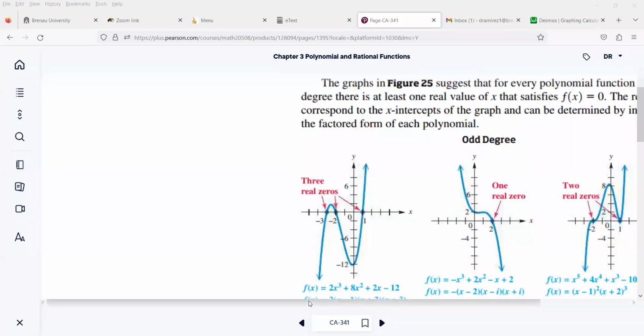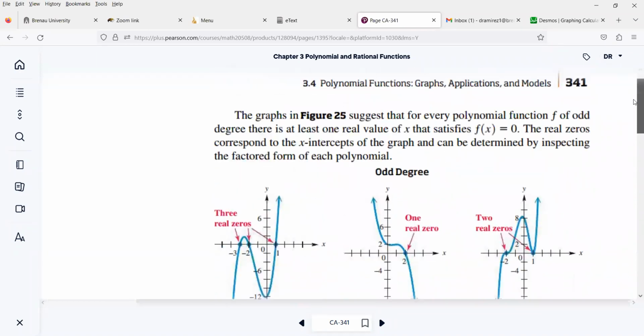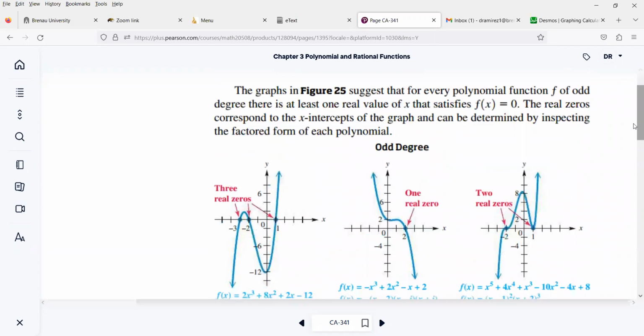Okay, so these are on page 341. So I'm going to go over figure 25. The graphs in figure 25 suggest that every polynomial function of 4th degree has at least one real value of x that satisfies f of x equals 0, or that it only has 1 zero.